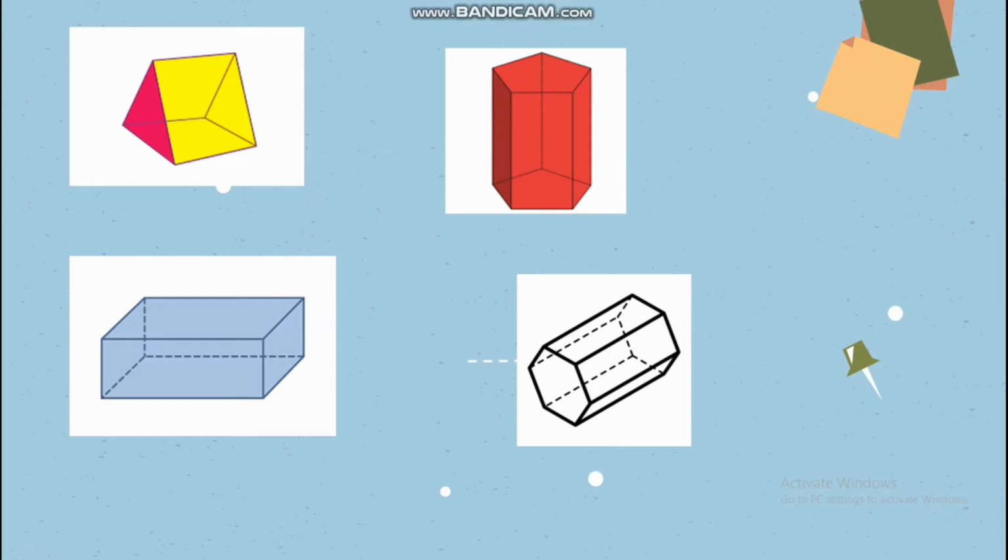And then hexagonal prism. On the hexagonal prism, the edges are 18, the faces are 8, and the vertices are 12.